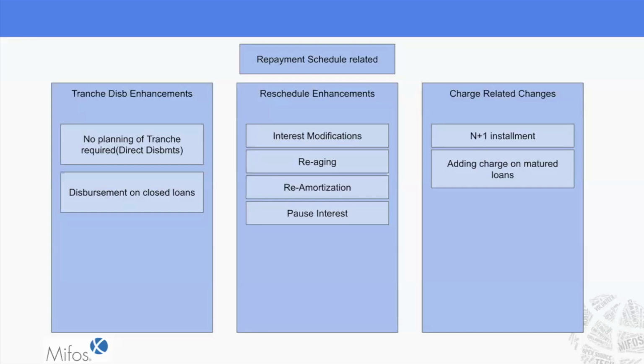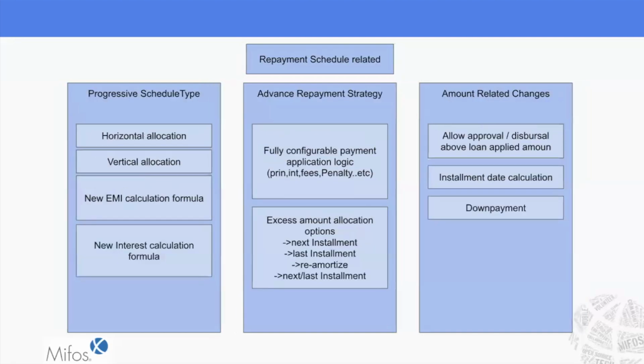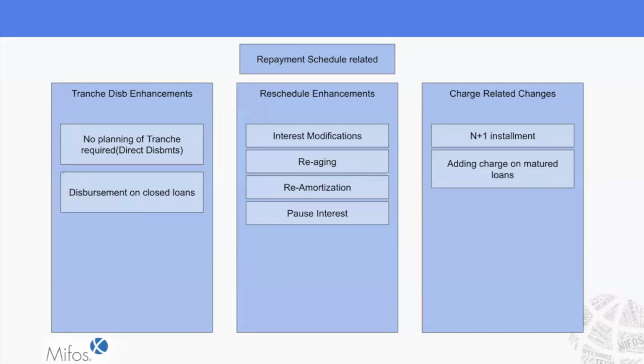To solve that problem, we introduced something called an n plus 1 installment, where for any charge created after the maturity date, we create a new installment in the schedule explicitly for that charge to be paid and collected. So these are the repayment schedule related changes we have made with respect to Pepper Soup.